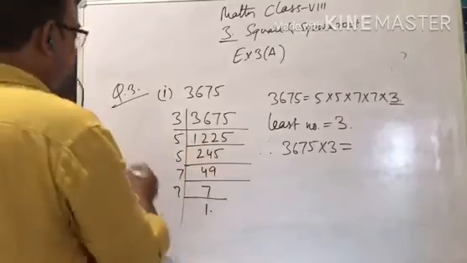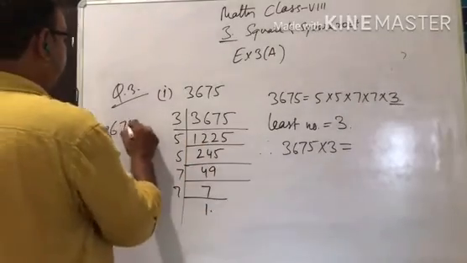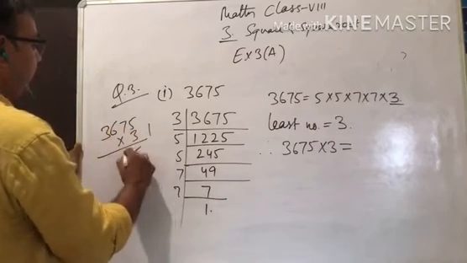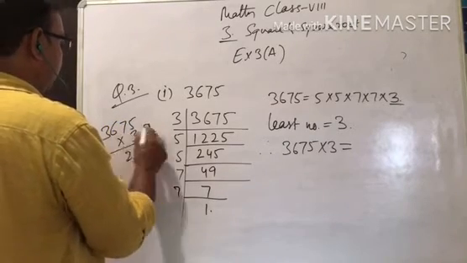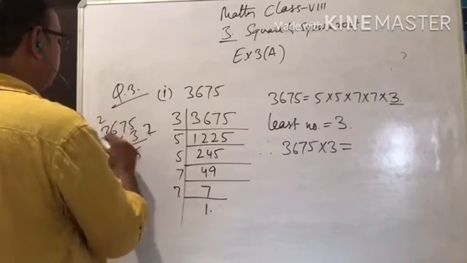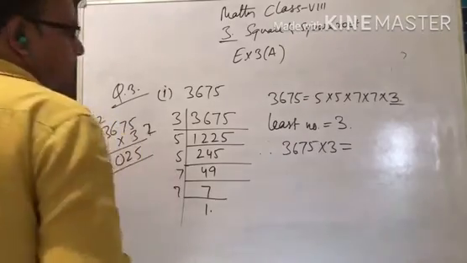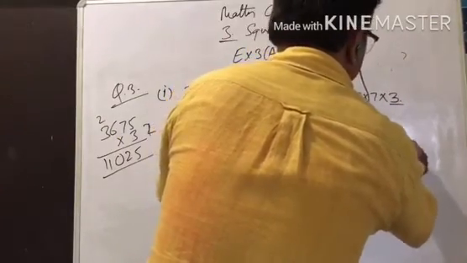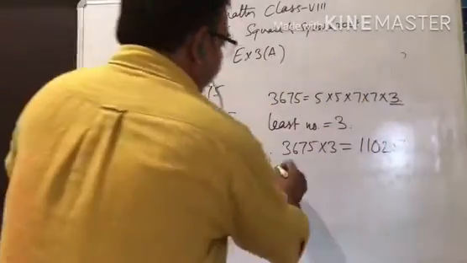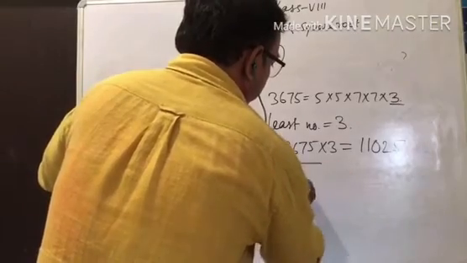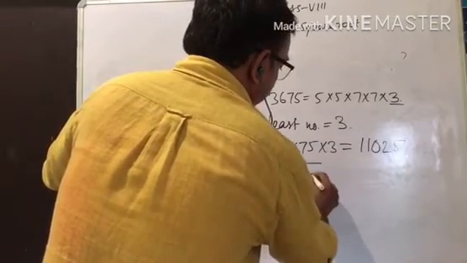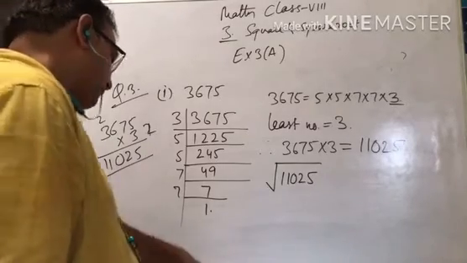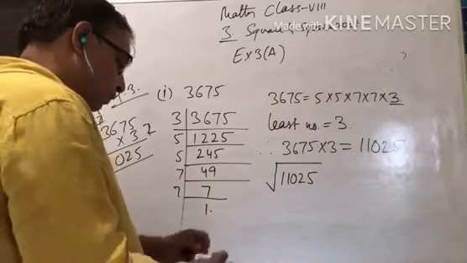Therefore 3675 multiplied by 3: 3 fives are 15, 1 carry, 3 sevens are 21 plus 1 is 22, 2 carry, 3 sixes are 18 plus 2 is 20, 3 threes are 9 plus 2 is 11. So the number will be 11,025. The question has two parts.